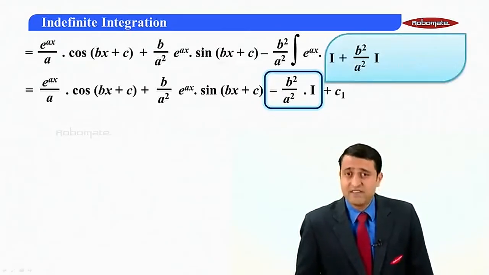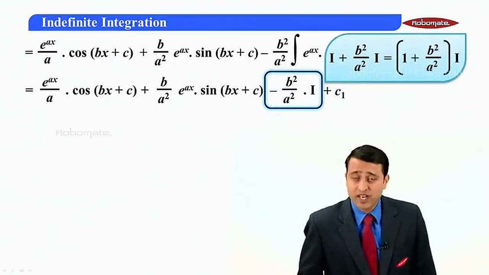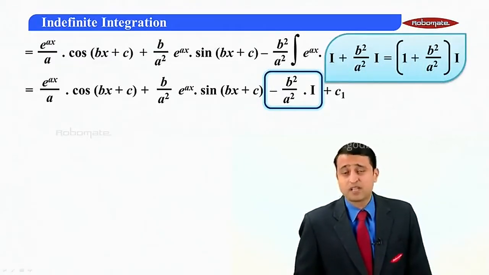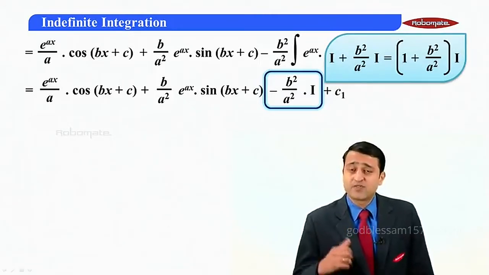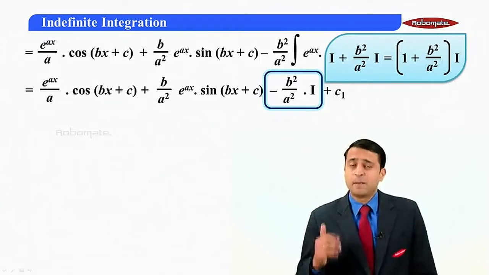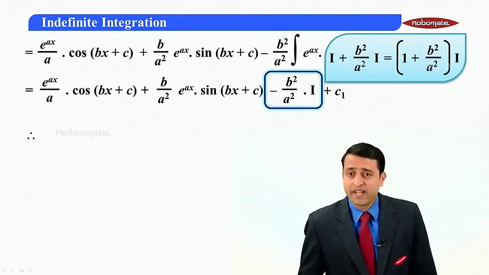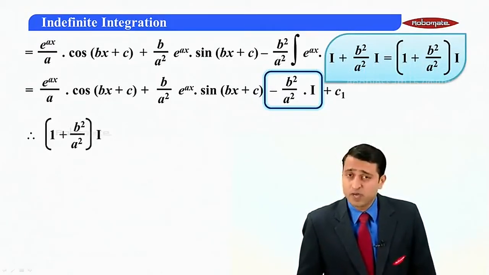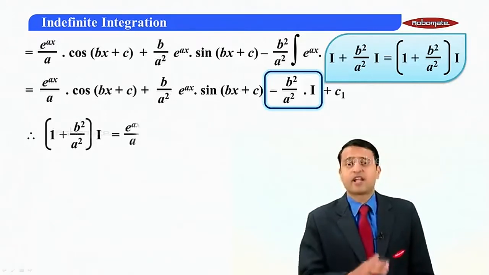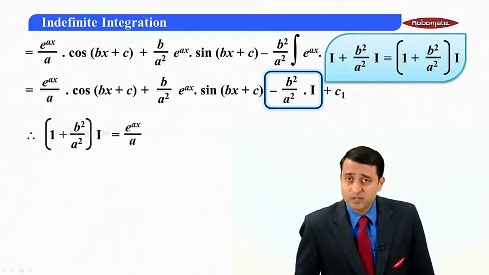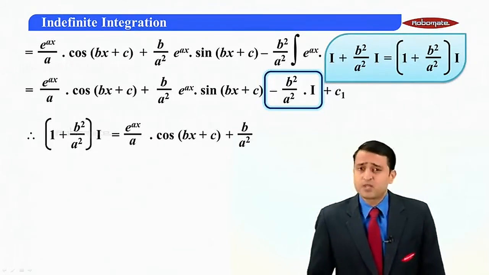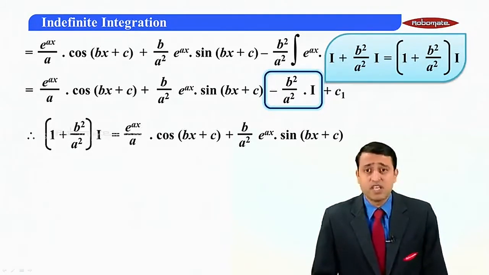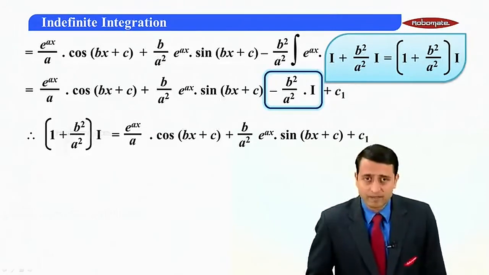So can I say we can combine them to get 1 plus b square by a square into I. So if I transfer this term to the left hand side, my left hand side will be simplified as 1 plus b square by a square into I, and on the right hand side we will have e raised to ax by a into cos of bx plus c plus b by a square into sine of bx plus c and a plus c1. Correct?